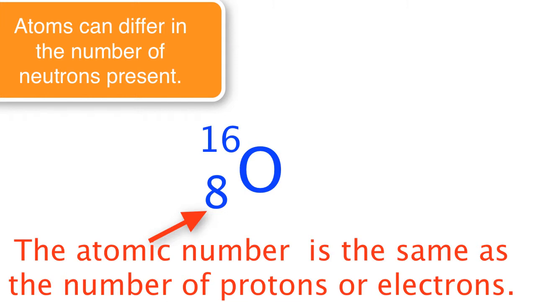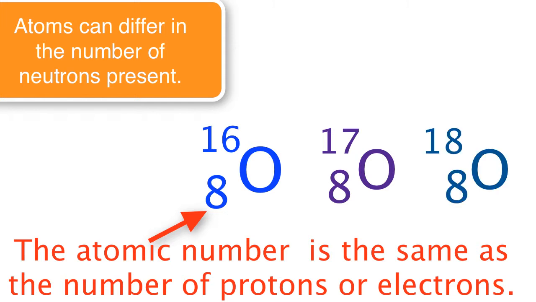For example, all oxygen atoms have 8 protons and 8 electrons. Most oxygen atoms also contain 8 neutrons. Some oxygen atoms exist, however, that contain 9 neutrons, and few exist that contain 10 neutrons. So, 3 different kinds of oxygen atoms exist, all with the same chemical properties.